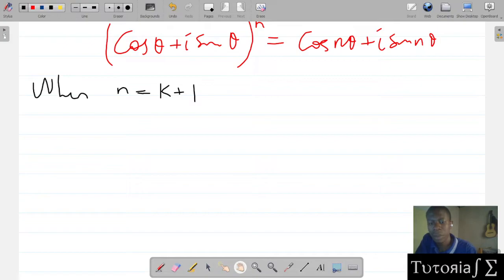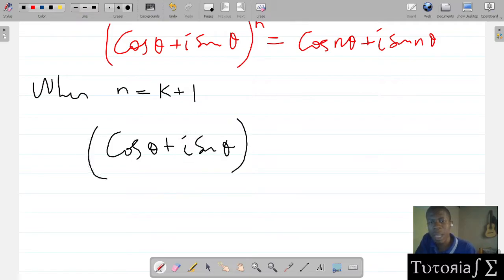cos theta plus i sine theta to the power n. We're replacing n with k plus 1. So this is equal to cos, plus i.